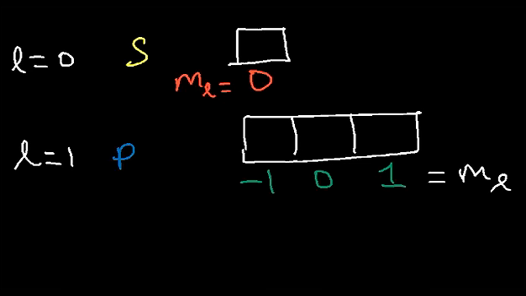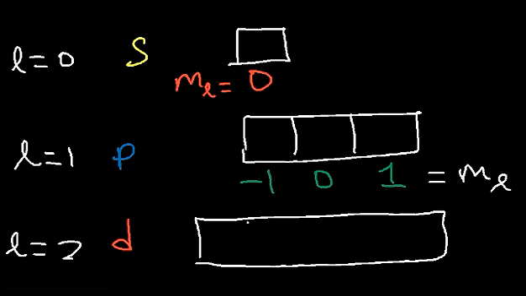So ml describes which orbital the electron is in. So it describes the orbital within the sublevel. Now what about when l is 2? When l is 2, we have the d sublevel, and we know that for d, there's 5 orbitals. So if l is 2, it's going to be from -2 all the way to 2.